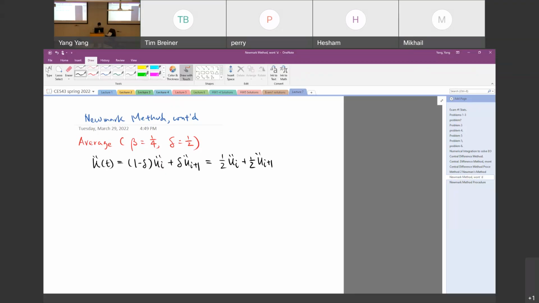Okay. So this is the velocity. And here, as long as we have the acceleration, we can express the velocity in terms of the constant number that is equal to 1/2. And we can also express the displacement.